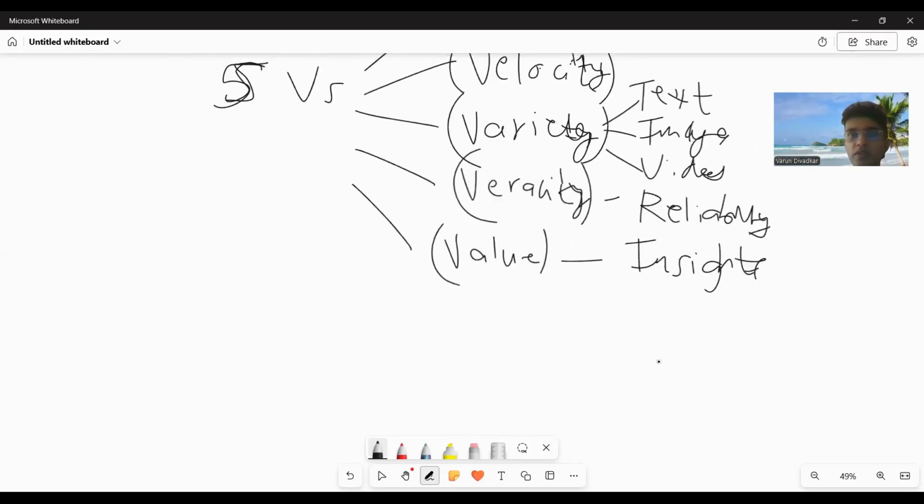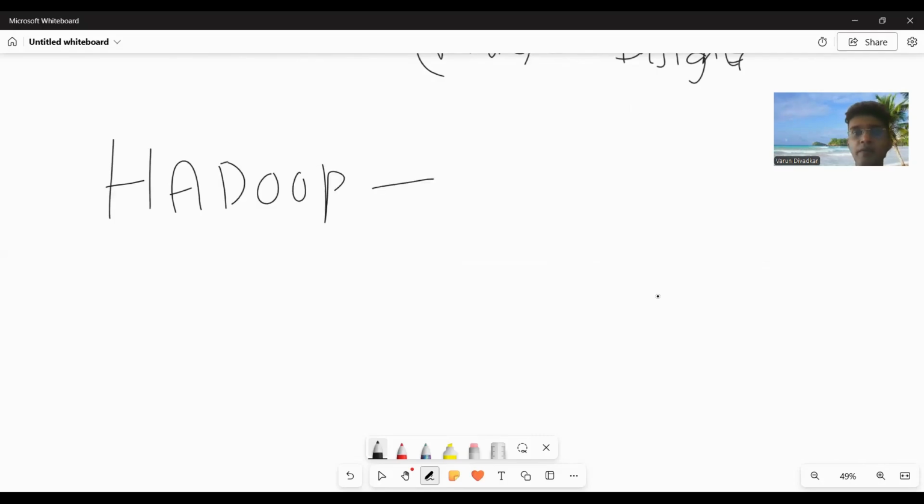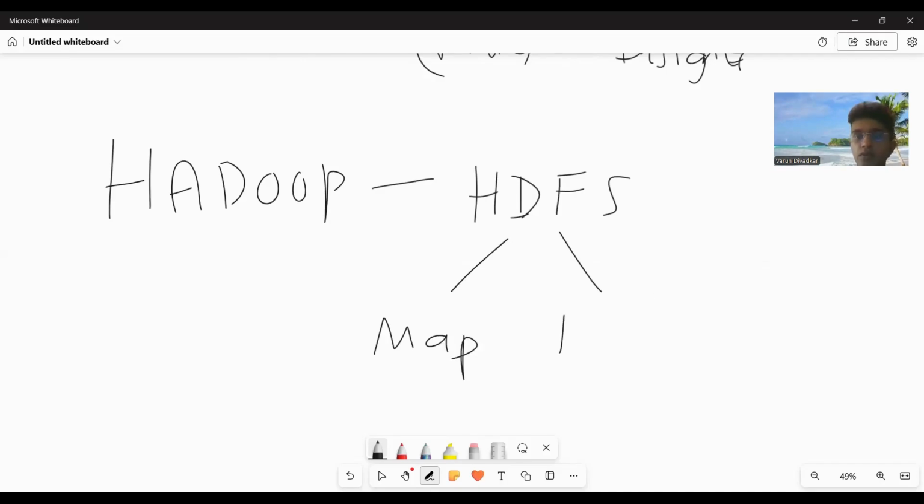And to cater to these 5 V's, different frameworks came into the picture, like the Hadoop framework, which is a big data framework that gives you the Hadoop Distributed File System, characterized by something called map and reduce.